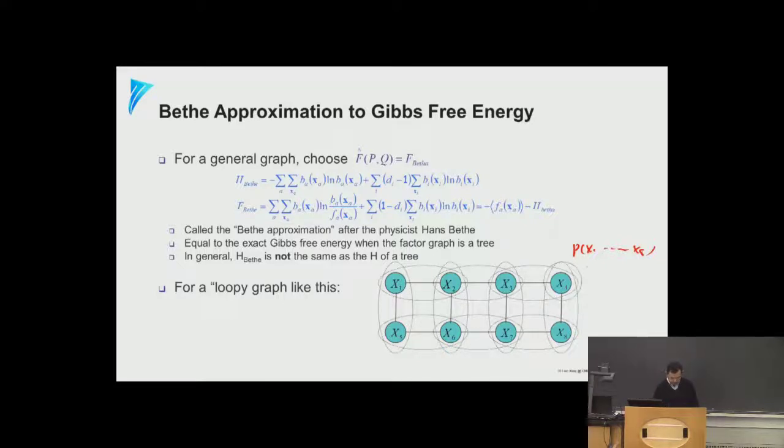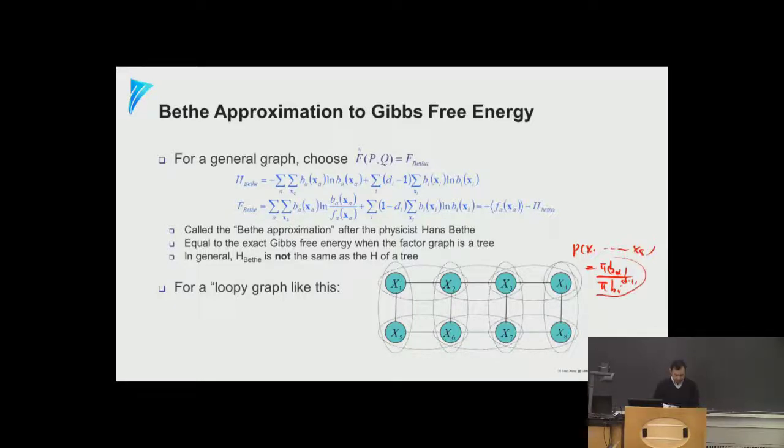But this distribution no longer equals the product of b alpha divided by the product of bi to the power of degree minus 1. It's no longer equal to that. Agree? You can just prove it by writing down the whole thing and seeing how it looks. It doesn't agree with this equation.